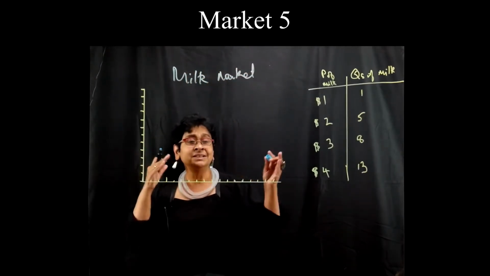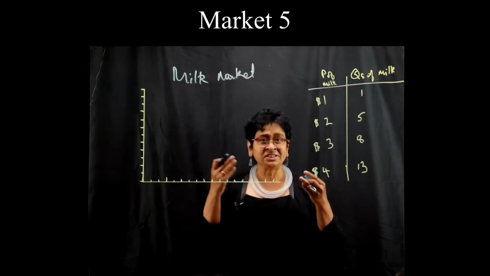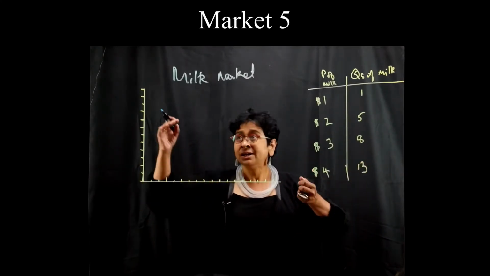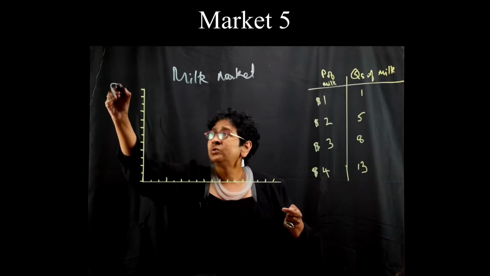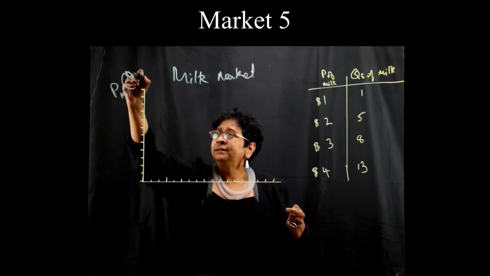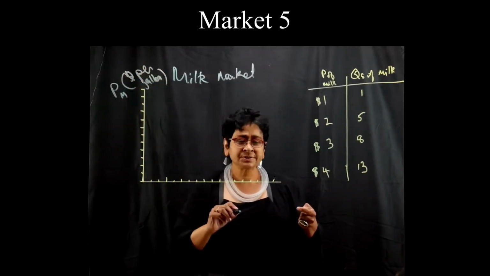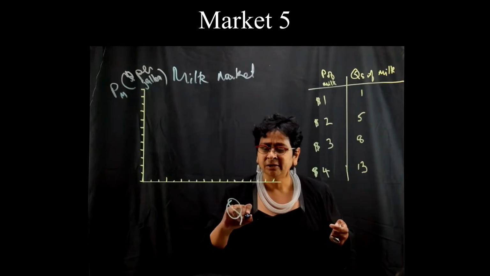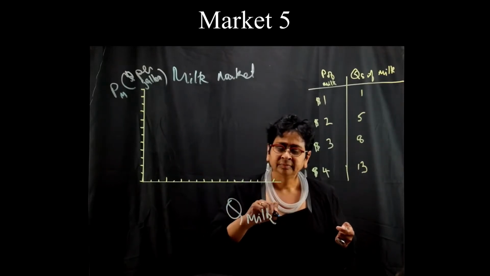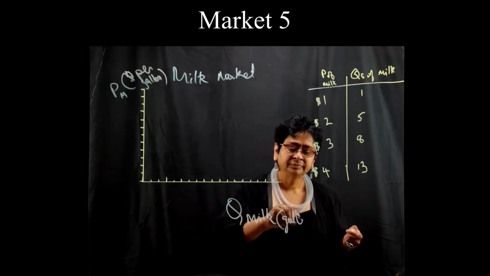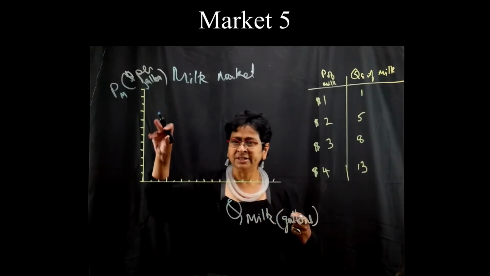unfortunately, given the historical way in which these graphs were originally developed, the axes are flipped. So the price of milk in dollars per gallon is actually on the y-axis, and the quantity of milk in gallons is on the x-axis.